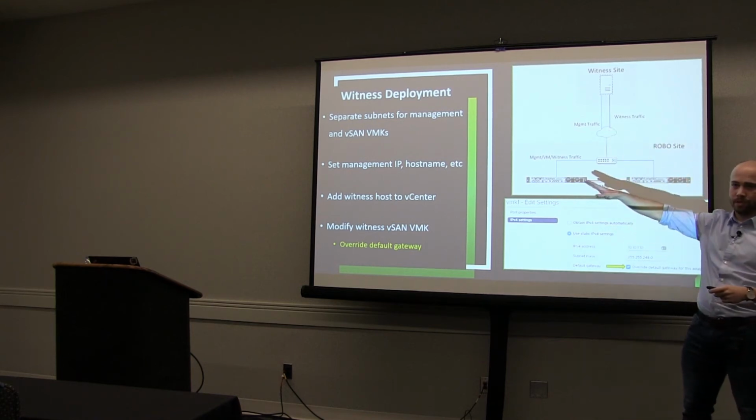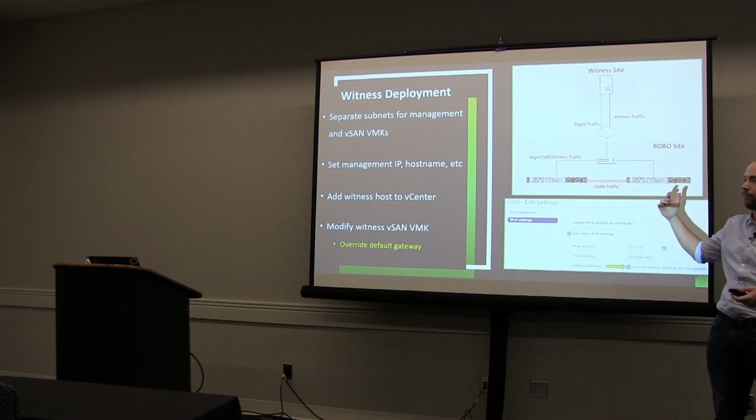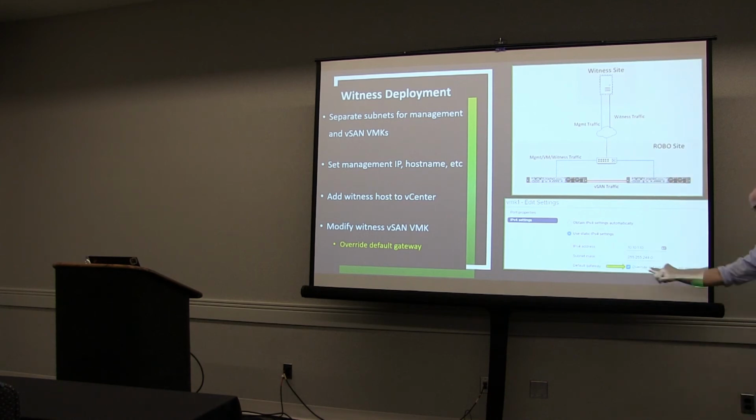This will confuse your hosting nodes because they are expecting to see that traffic come from its configured witness network. By default, this checkbox, override default gateway for this adapter, is not checked. So you're going to check that box, set the gateway for the subnet that it's on, and you'll be good to go there.